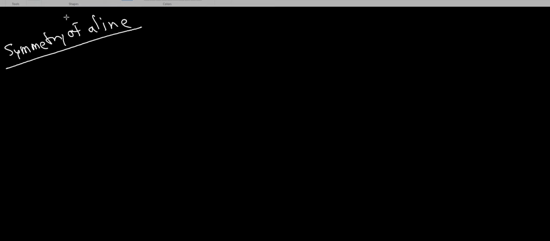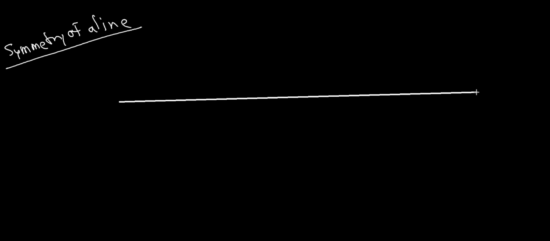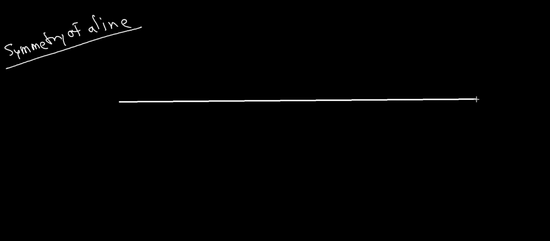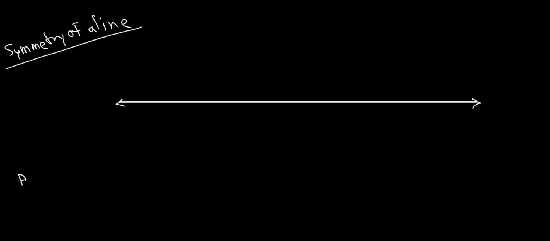If we draw a line like that, going infinite in both directions, and we show it is going infinite with these arrows, this is a line. We will first write: a line has infinite length.